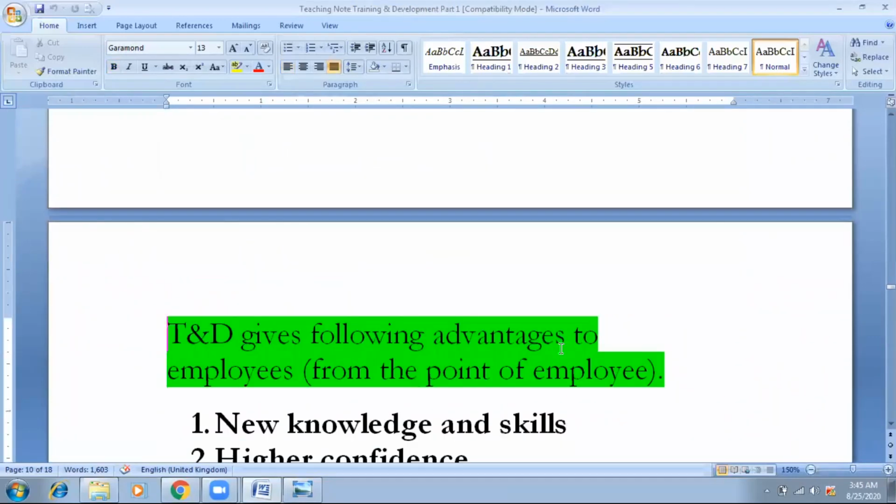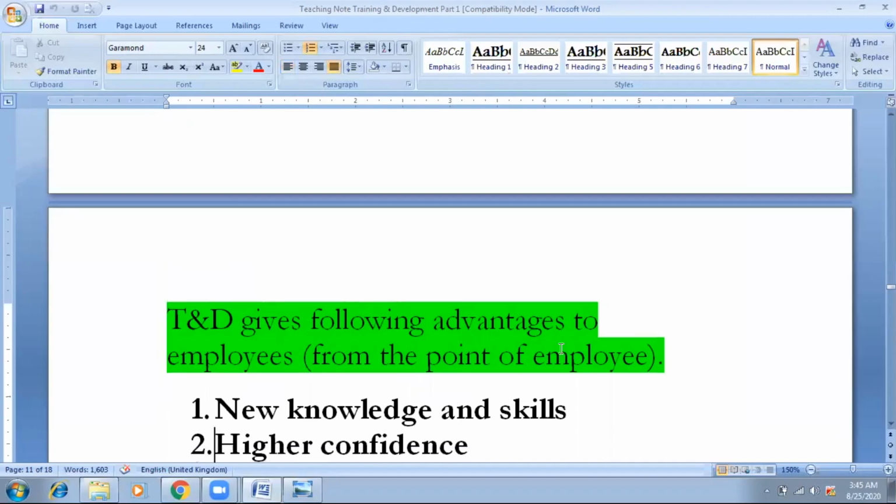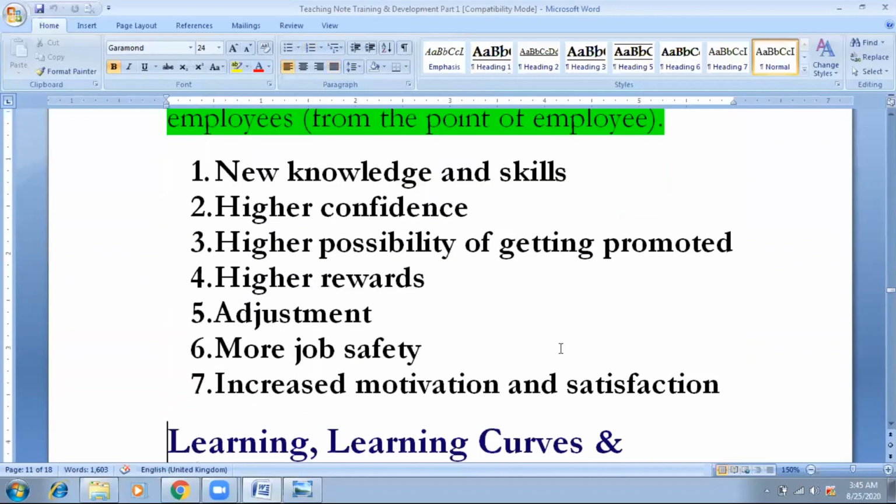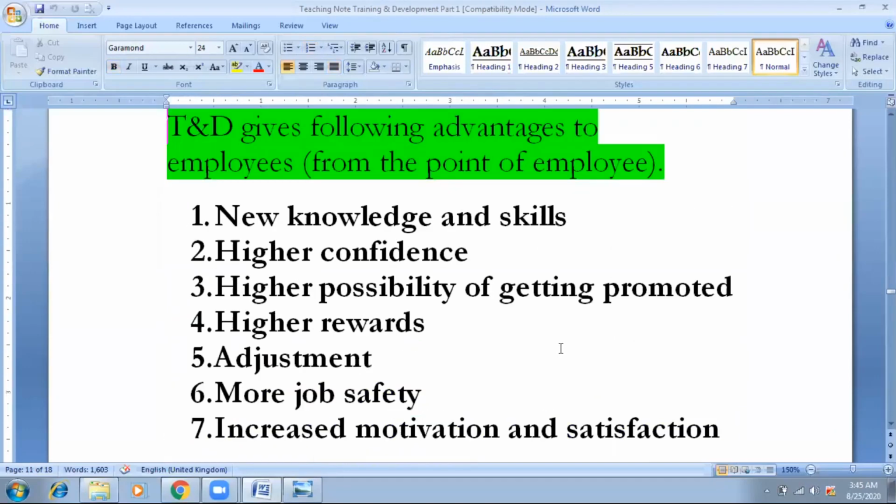Okay, T&D gives the following advantages to employees. Now, from the point of view of the employee, try to understand the advantages. New knowledge and skills: they can get these because of training. Then they can have higher confidence because they have capabilities, and they feel like working because they know.